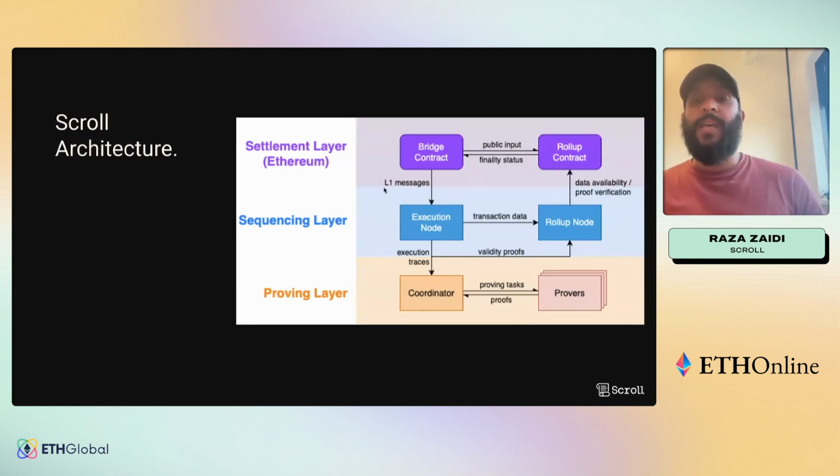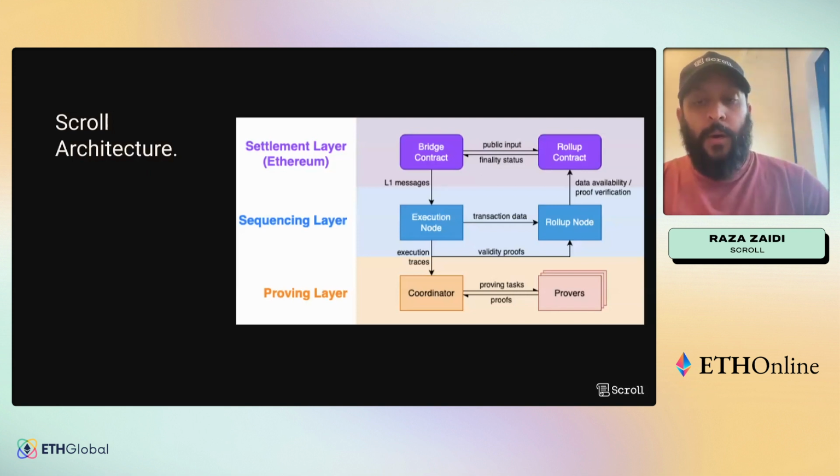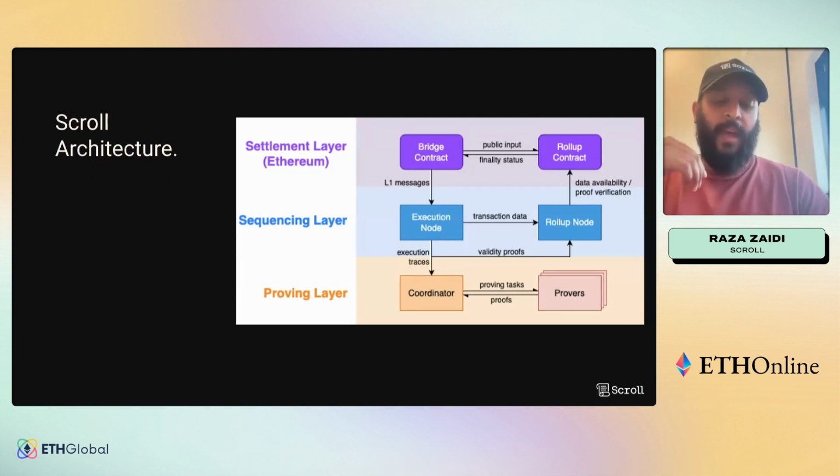What happens simultaneously is that there's a different network of nodes, the proving network, that takes care of generating the proof. And not to dive in too deep, if you have any questions, feel free to approach me or drop them in the Telegram group. But simply put, transactions are batched into blocks, blocks are batched into chunks, and then we generate a proof for every chunk.